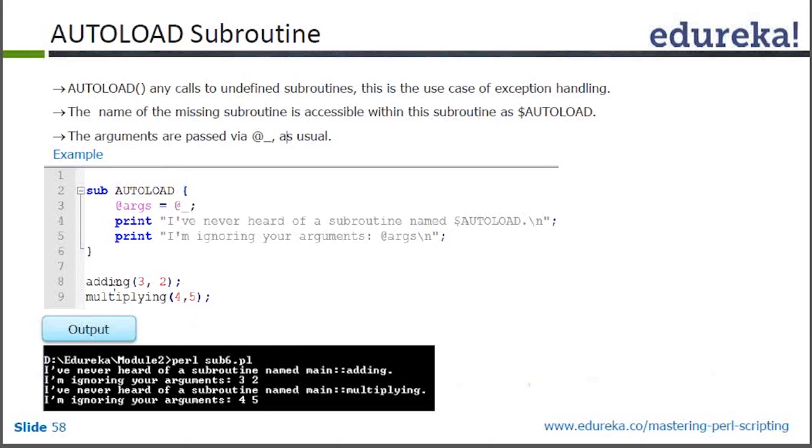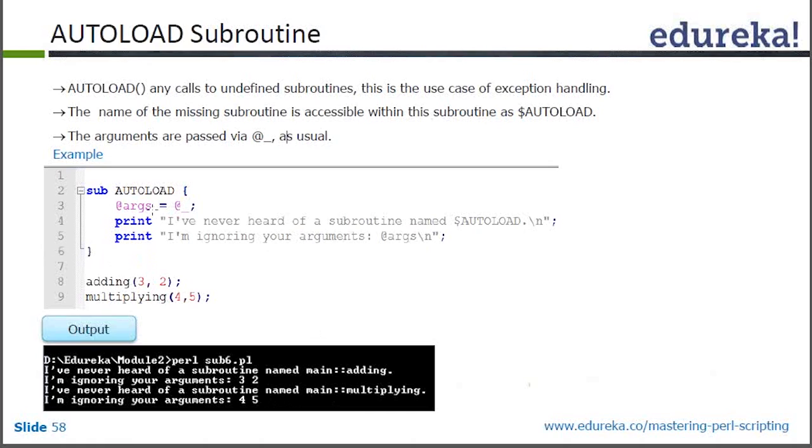So what it does is when we are adding 3 and 2, it says I'm ignoring your arguments 3 and 2. Okay, and I have never heard of a subroutine named main multiplying. I'm ignoring your arguments 4 and 5. So whenever you pass these arguments to an AUTOLOAD, you can see that this adding functionality and multiplying functionality is never defined.